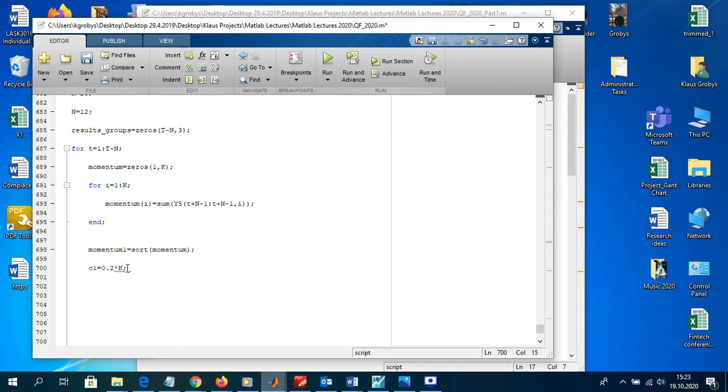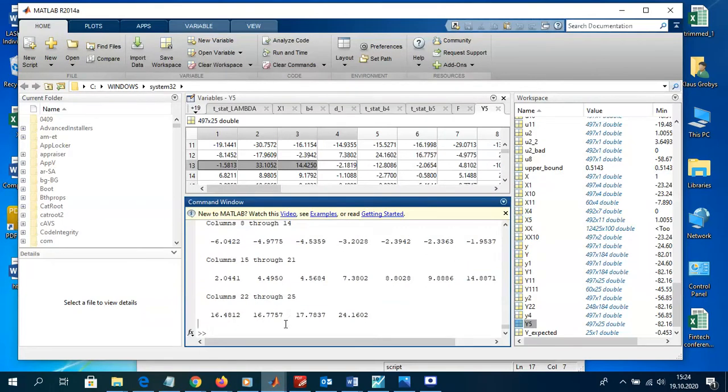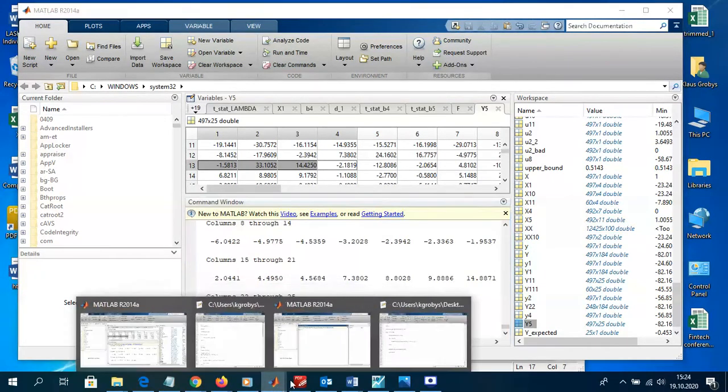K is 25. So 20% of 25 is 5. This tells us the 5th position in this vector is the bound for group number 1. So if we go to this vector, okay, C1, let's just copy this.